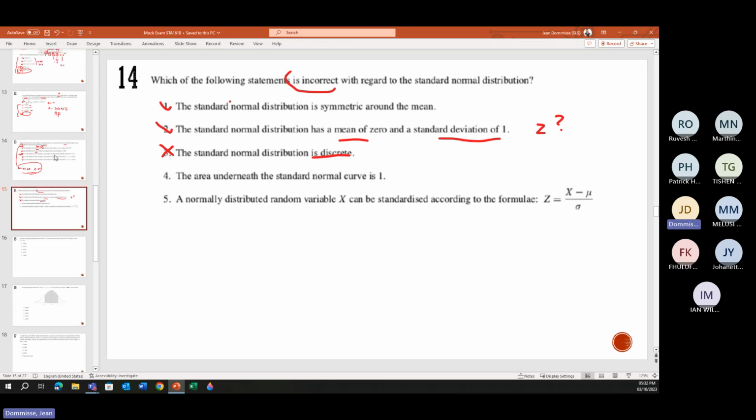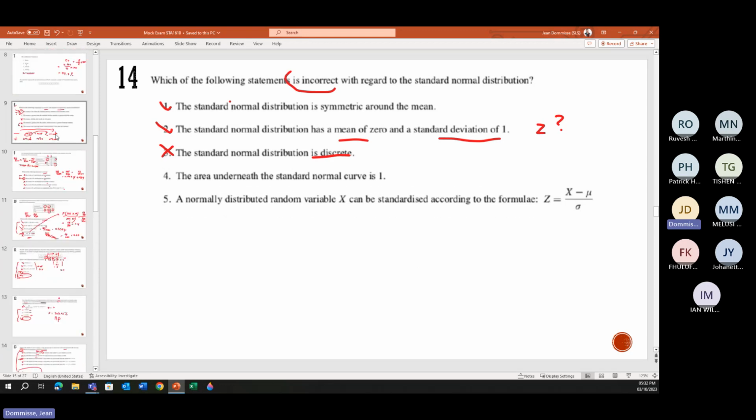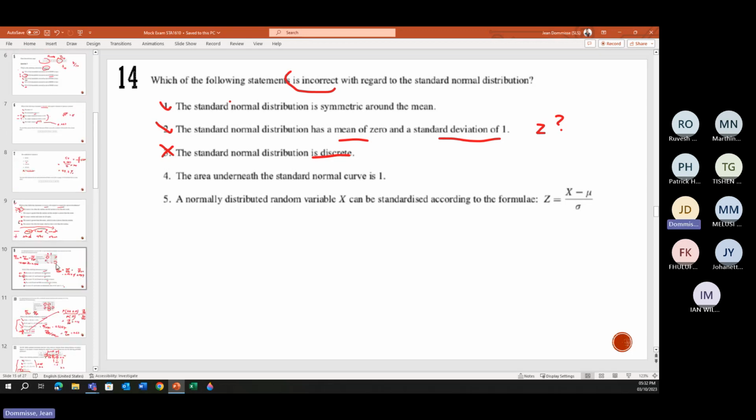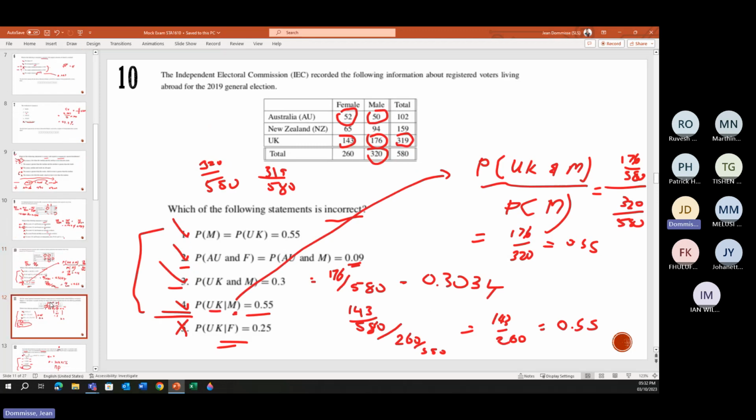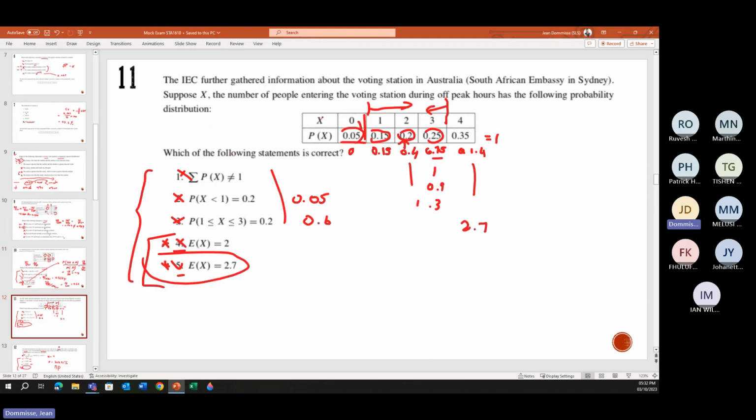So just again the difference. Let's quickly check. This is discrete. So for the probability of 0, you get a probability 1.